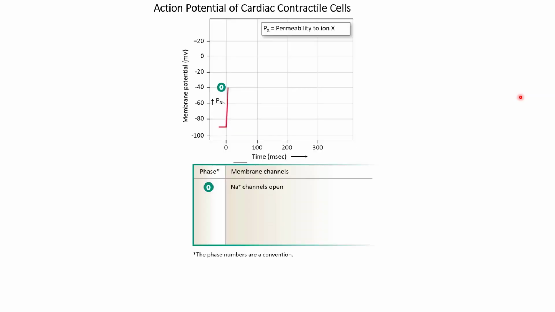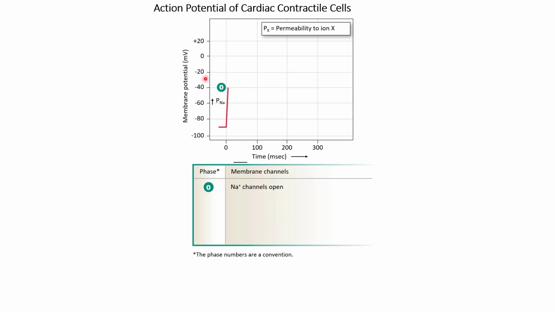Let's look at the action potential and what that looks like in a cardiac cell. So you notice, first off, the membrane potential is much more negative than normal, right? We are actually at somewhere around negative 90 millivolts as compared to some of the other membrane potentials we've talked about. Our threshold is at about negative 40.